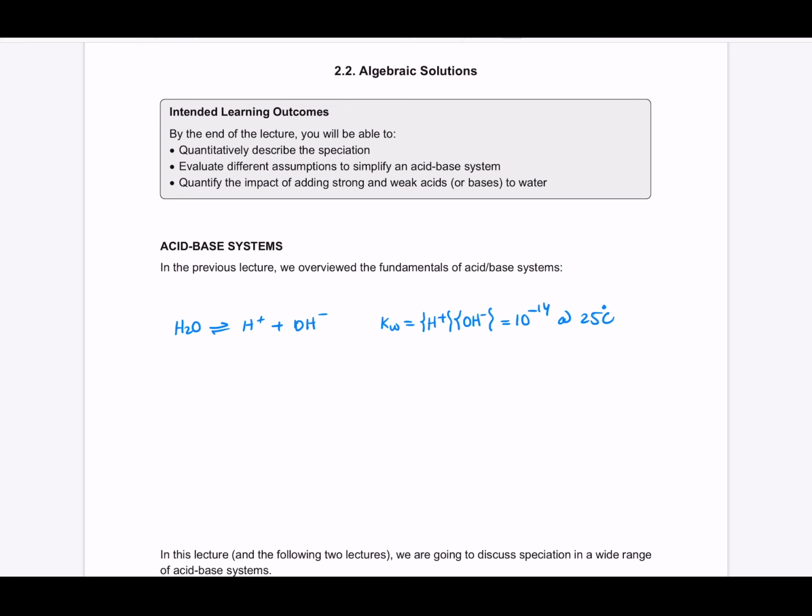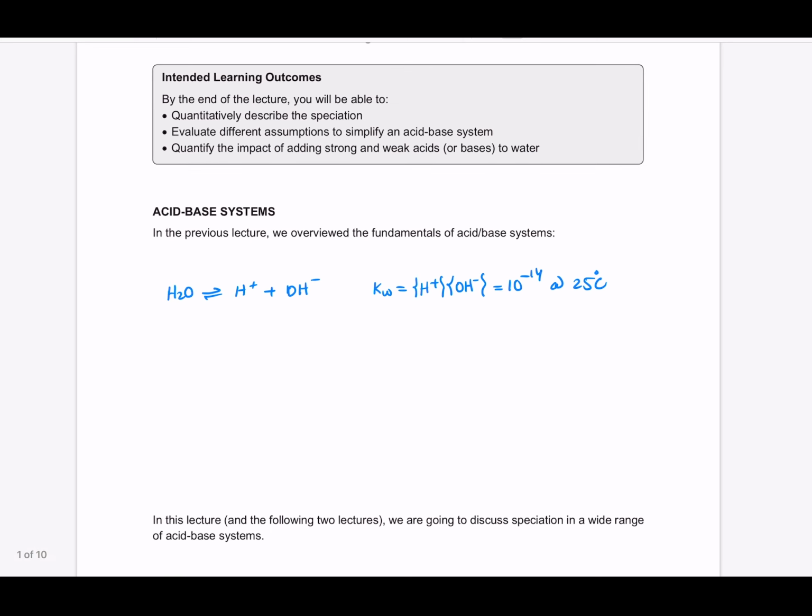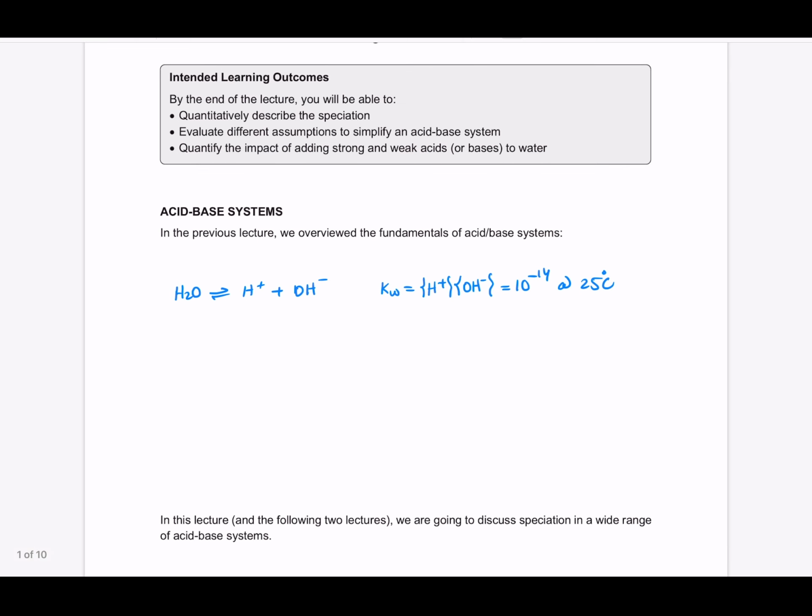And then we described the standard version of writing an acid reaction. That was basically deprotonation. So HA producing the deprotonated form, A minus, plus releasing one proton. So that was the standard approach to write an acid-base reaction.